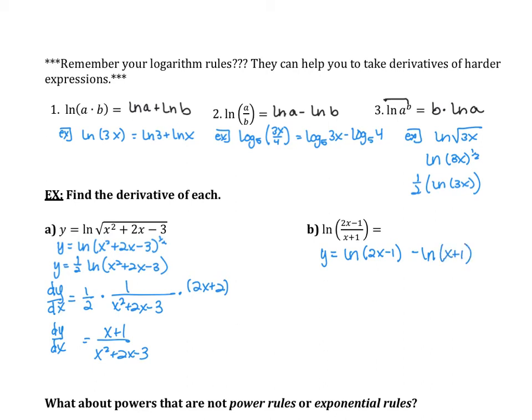And then when I go to take the derivative of this with respect to x, I get 1 over 2x minus 1 times the derivative of that, which is 2, minus 1 over x plus 1 times the derivative of x plus 1, which is 1. So simplifying, dy/dx equals 2 over 2x minus 1 minus 1 over x plus 1. Okay, so it makes it look a lot simpler if we can use our log rules.